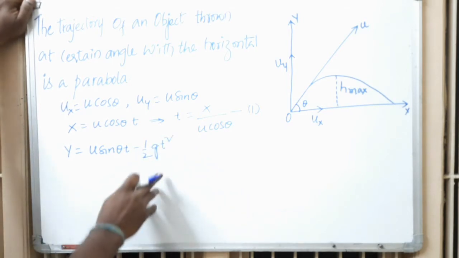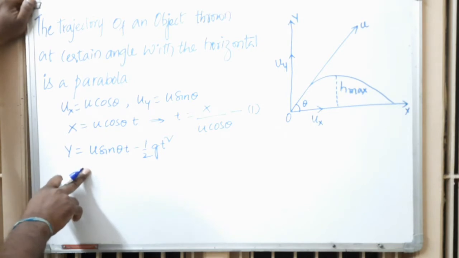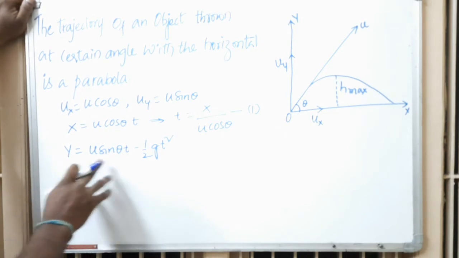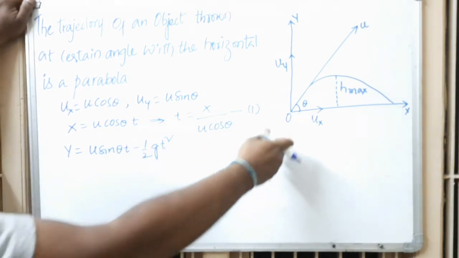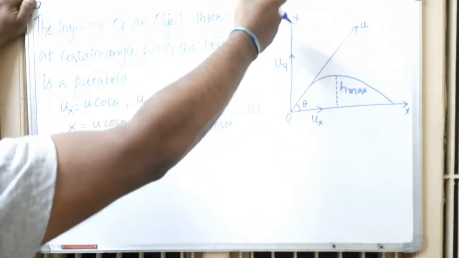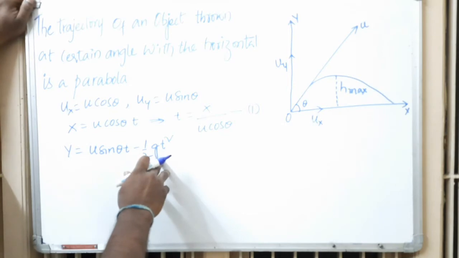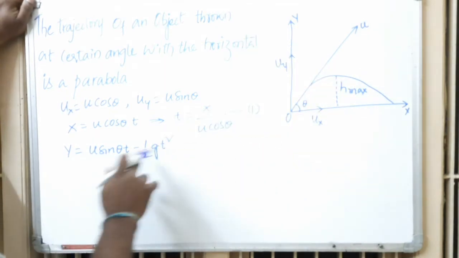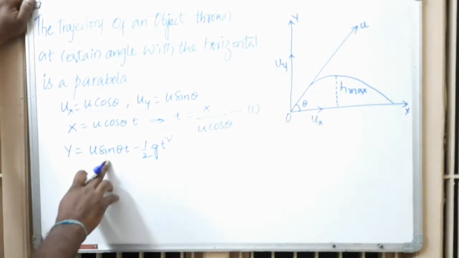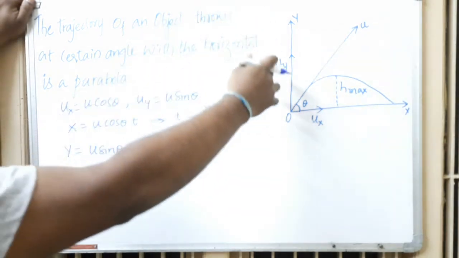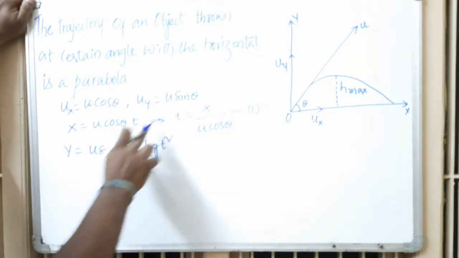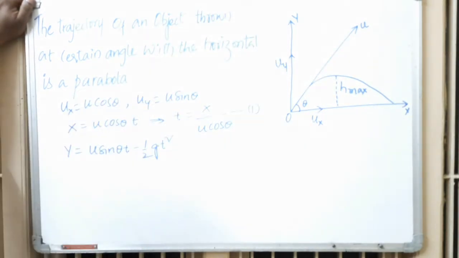I think you are well known with this equation: s is equal to ut plus half at square. Minus we have taken because it is a vertical motion going against gravity. Acceleration a changes to g, which is going against the direction of gravity, so we are taking minus. And the velocity in the vertical component is u sin theta. Here we mentioned uy is equal to u sin theta.